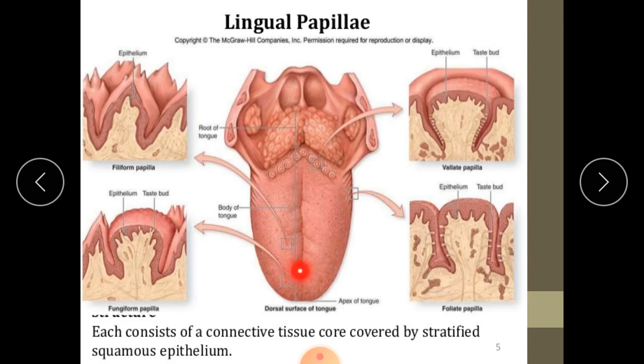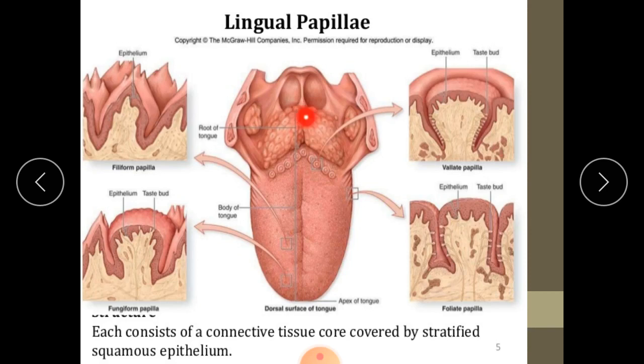This has apex at the anterior end, and the tongue is attached to the floor of the buccal cavity with the help of its posterior end. Posterior 1/3 is different from anterior 2/3 part of the tongue.